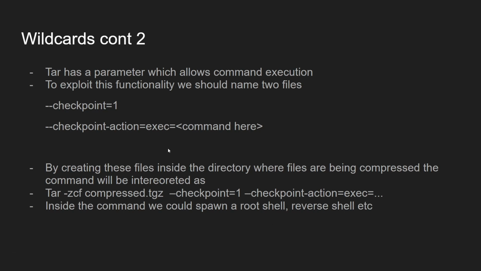So in the case of tar, to exploit this, you will simply name two files something like this here, checkpoint=1 and checkpoint-action=exec, and any file name for that matter will be passed as a parameter.